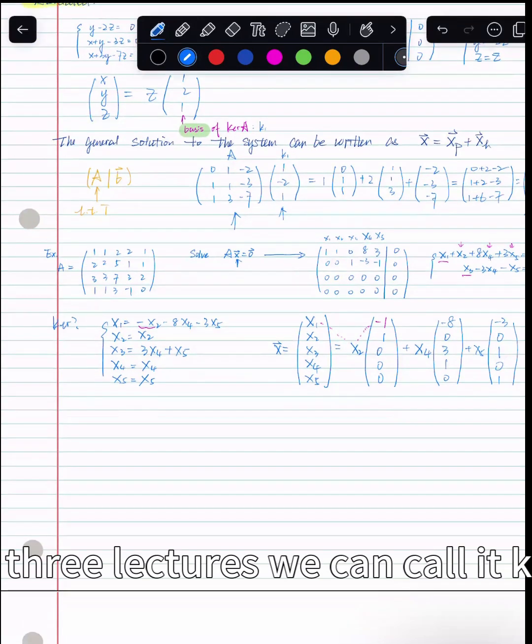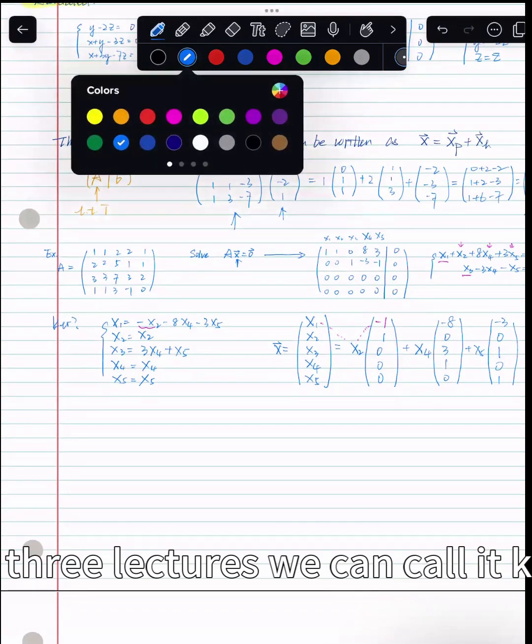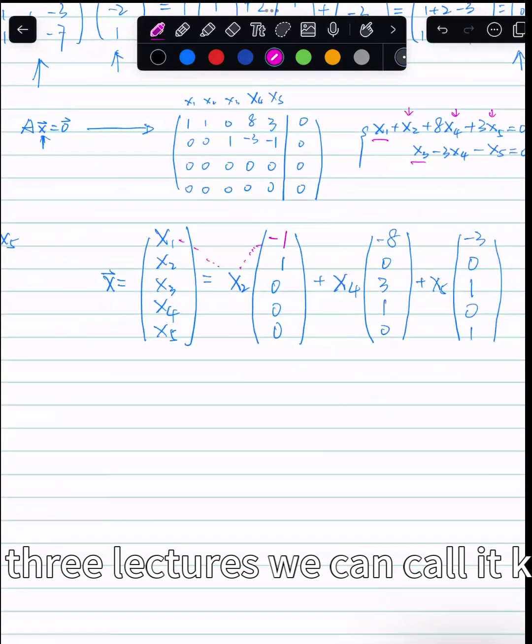So again, these 3 vectors, we can call them k1, k2, and k3.